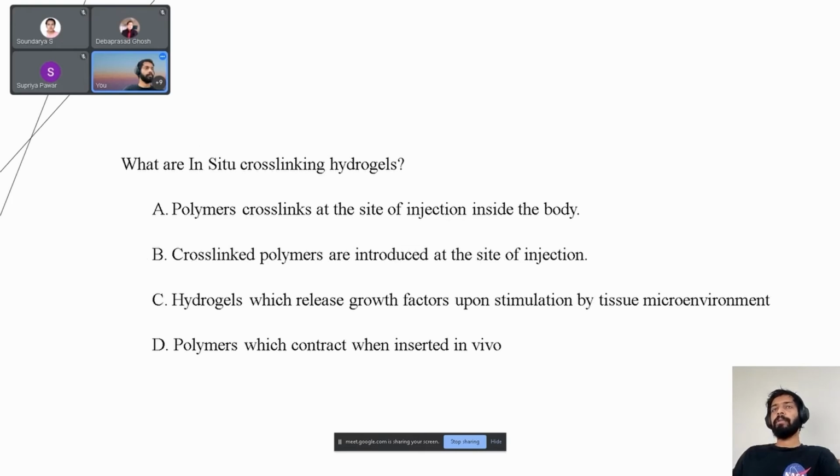Moving on, what are in situ cross-linking hydrogels? Does anyone know? Option A, which is polymers cross-linking at the site of injection inside the body. Okay, any other thoughts?